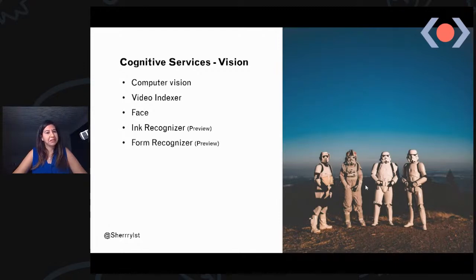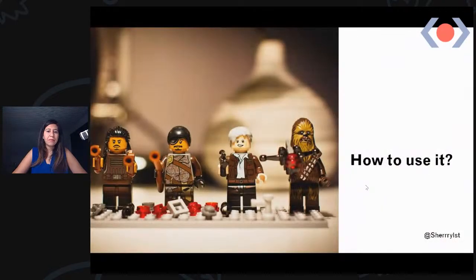And then Form Recognizer, judging by the name, brings you the key values of your form and the tabular data. And then Custom Vision lets you customize all of these vision APIs based on your business. For example, when I mentioned that this is a stormtrooper, not a human, that comes from there as well.